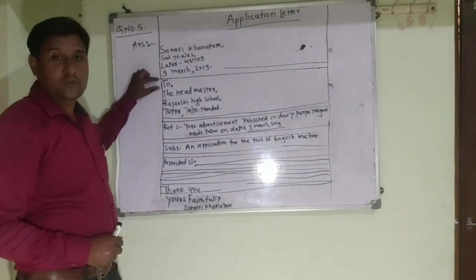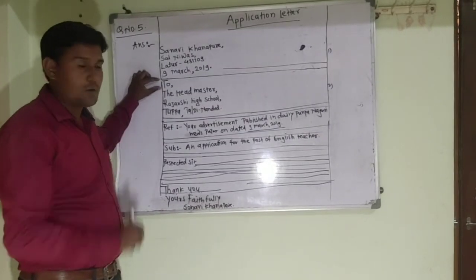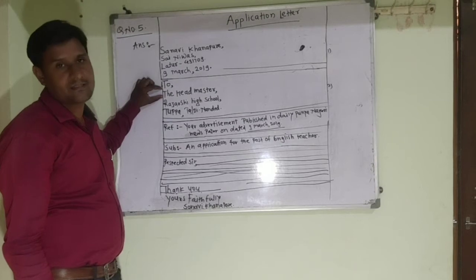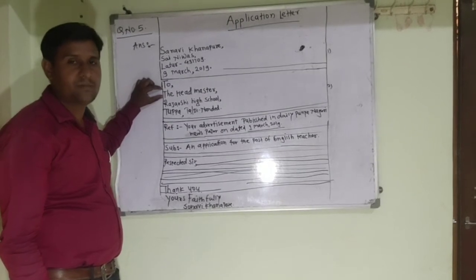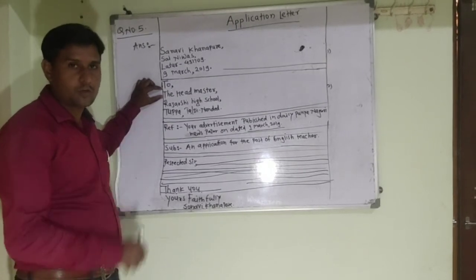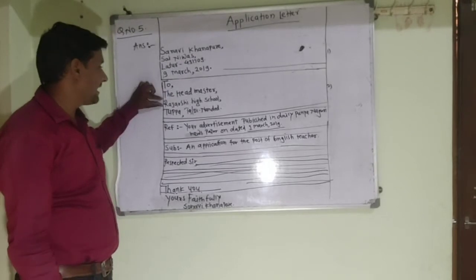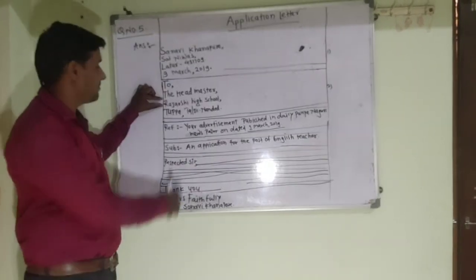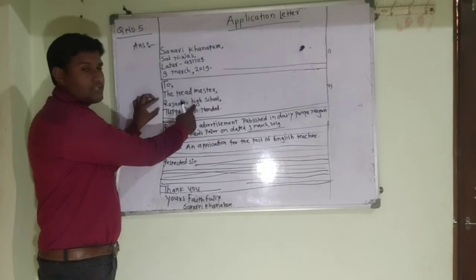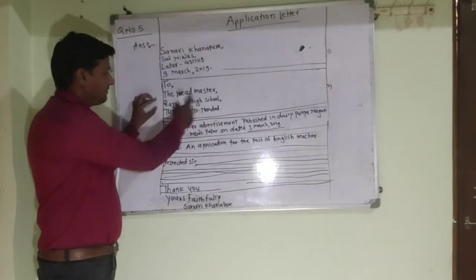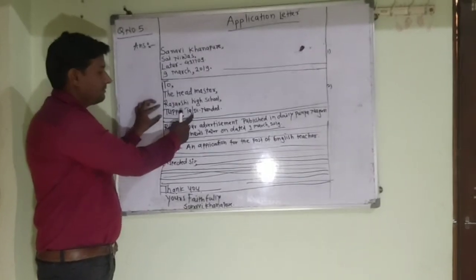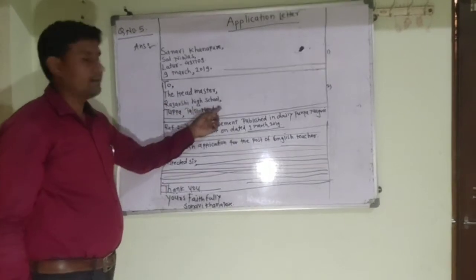You should put 'To' here and put a comma, the headmaster. It may be a headmaster or a headmistress. Put a comma after the headmaster and write down the school name. For example, I write here Rajeshri High School, comma, Tuppa, comma, Taluka and district Nanded, full stop.